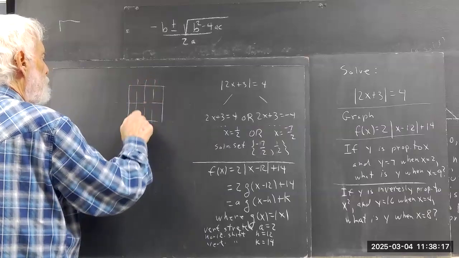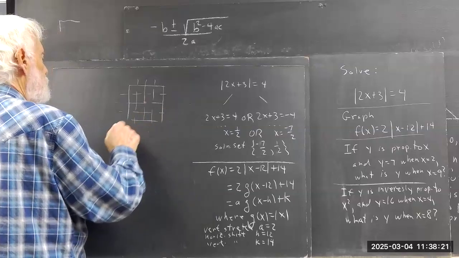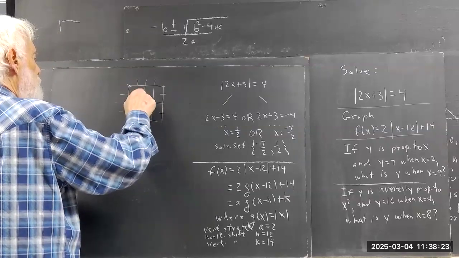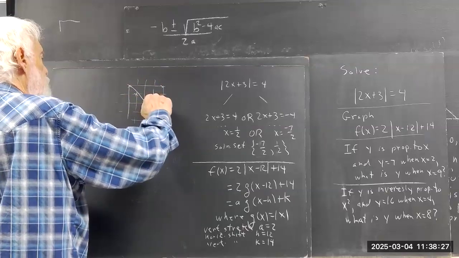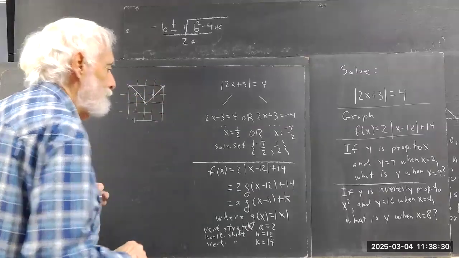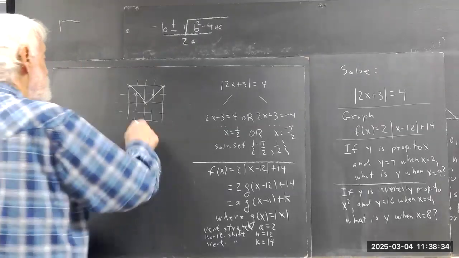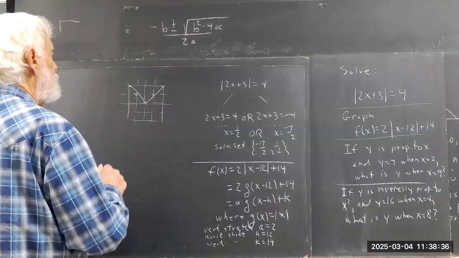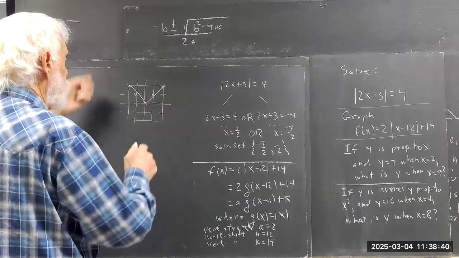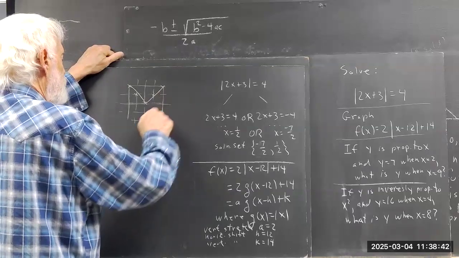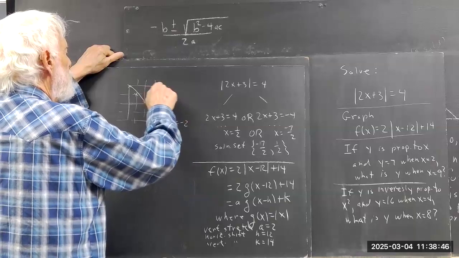Graphed like so. Your toolkit points are going to be here, here, here, here, and here. So there's a graph, and you can see why. Okay, so there it is. For the toolkit function, of course, this is y equals -2.